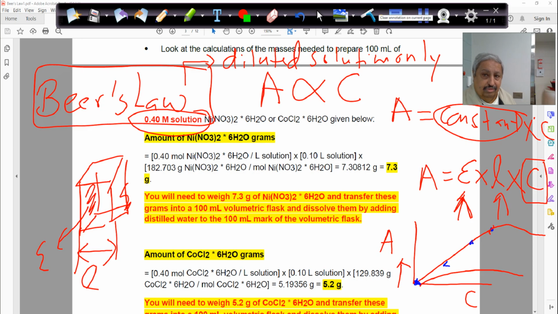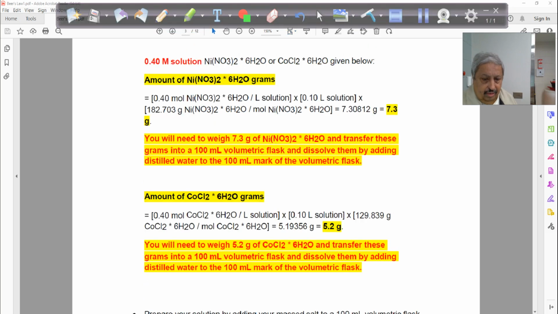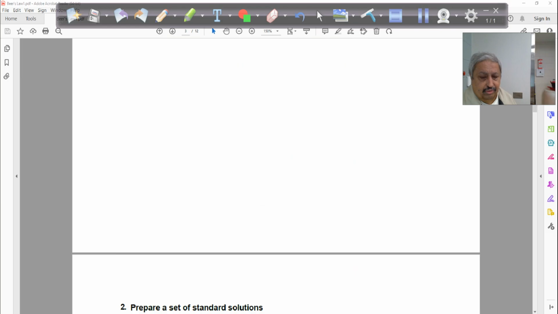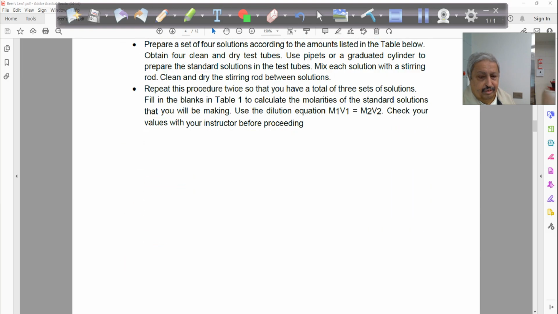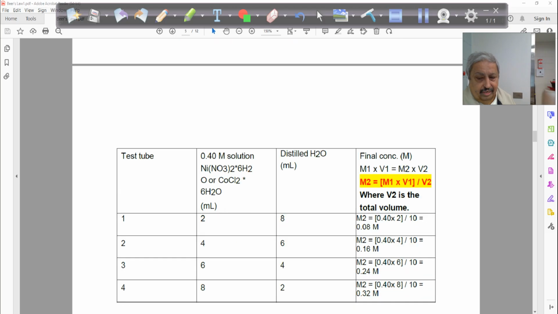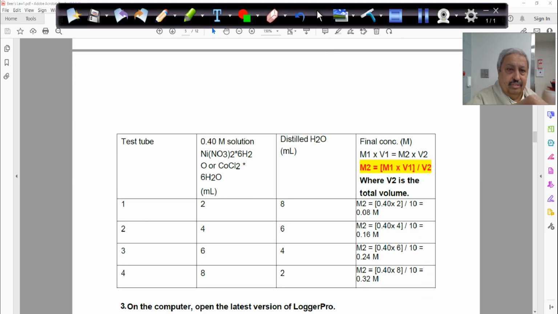Can I take this one out? Let's take this one out and look at the dilutions. Now you'll take from your flask. Remember the volumetric flask here, just to recall.